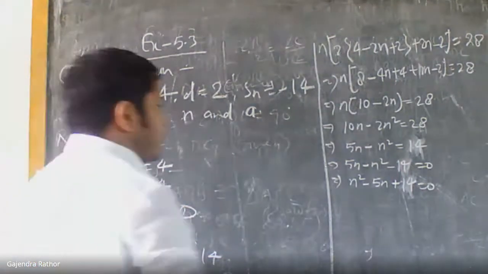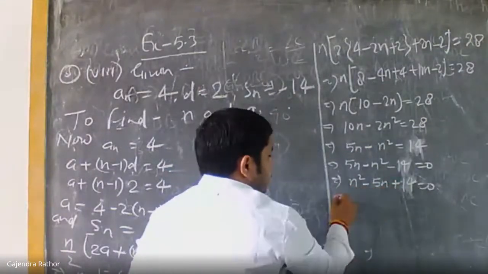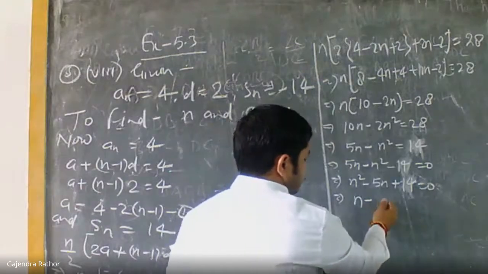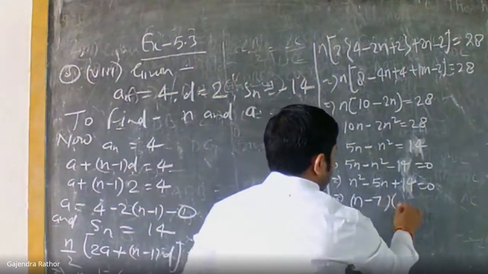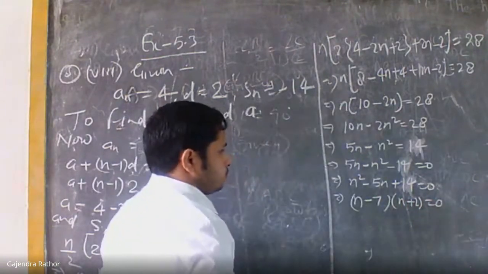Let's check which is correct. By the factorization method, we can find the roots of this equation. The roots are (n minus 7) and (n plus 2) is equal to 0.